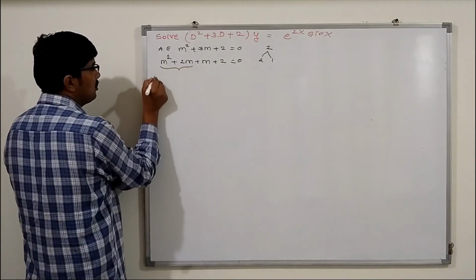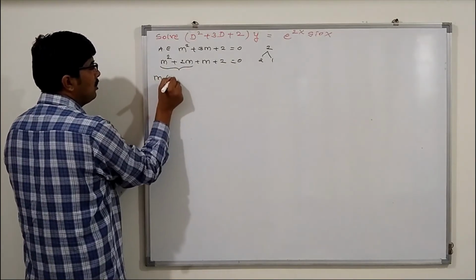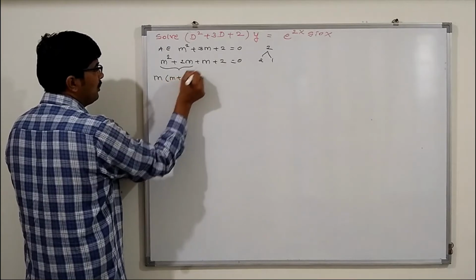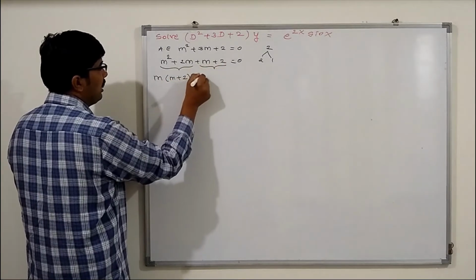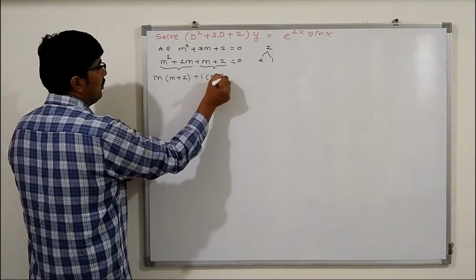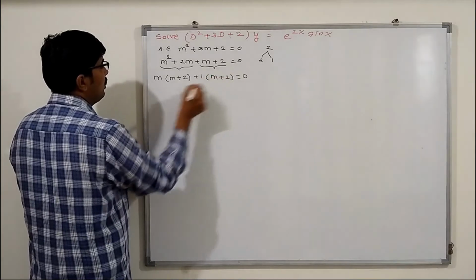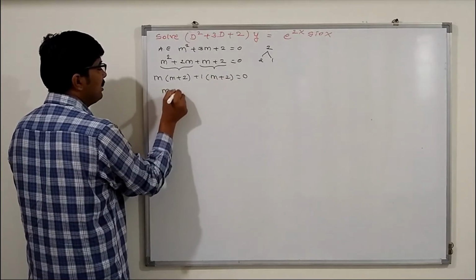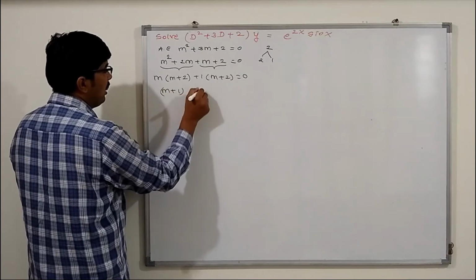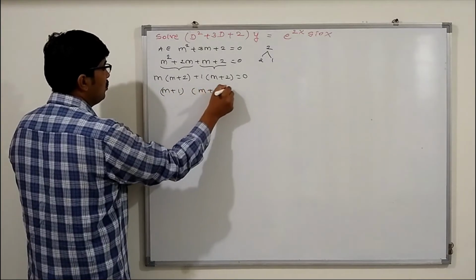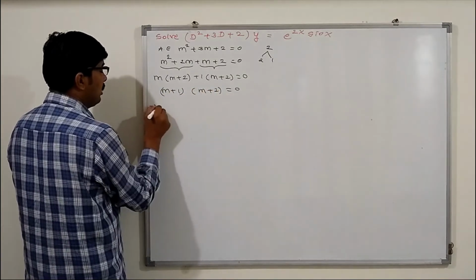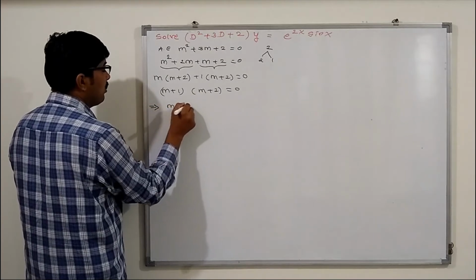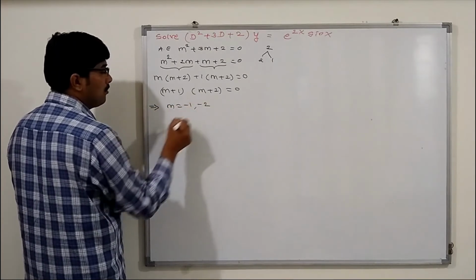From the first two terms, you can take m common, we are left with m plus 2. And from the last two terms, you can take 1 common, again you will get m plus 2, is equal to 0. So there are two factors, m plus 1 and m plus 2 is equal to 0. That implies m is equal to minus 1 and minus 2.